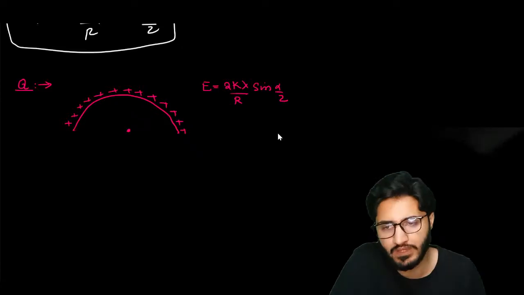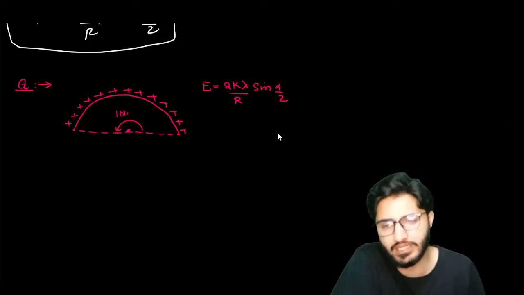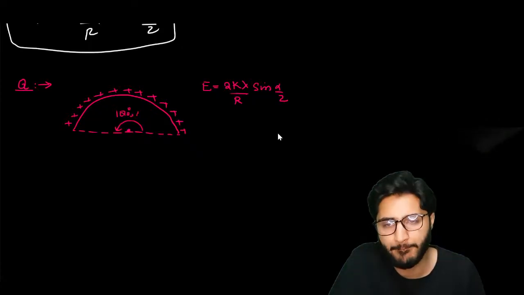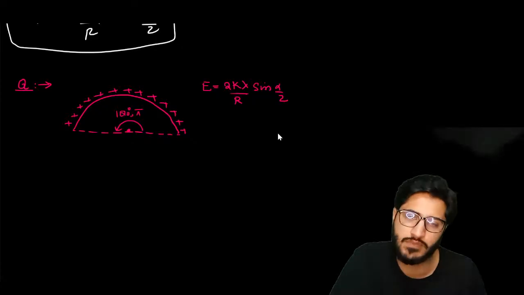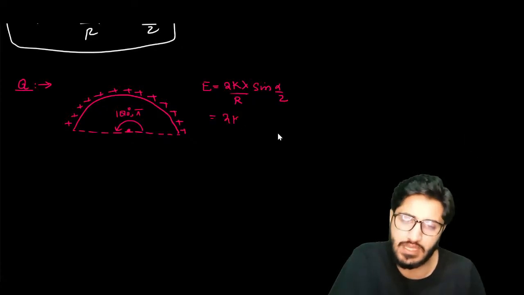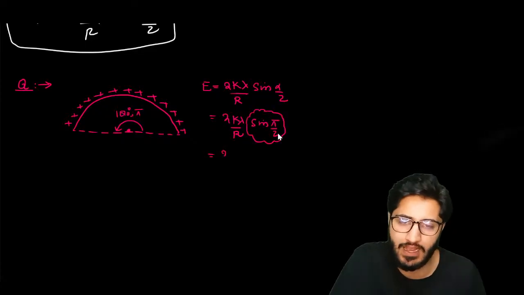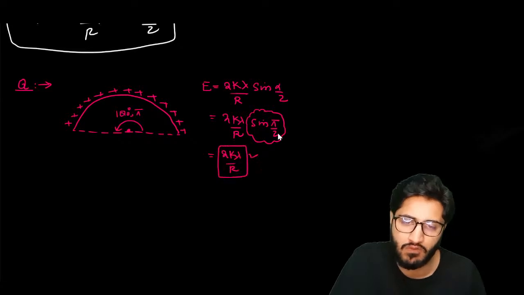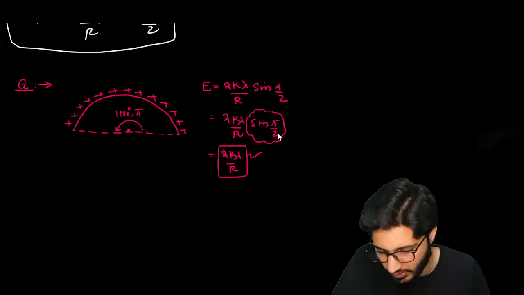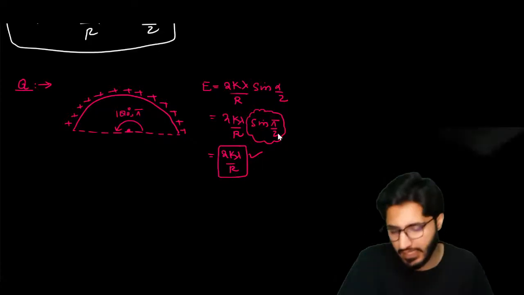Just join these two terminals. You will find my angle is 180 degrees, or pi. So it is 2k lambda by r, sine alpha by 2 is sine pi by 2. Therefore, my value is 2k lambda by r only. For a semicircular ring, it is 2k lambda by r only.